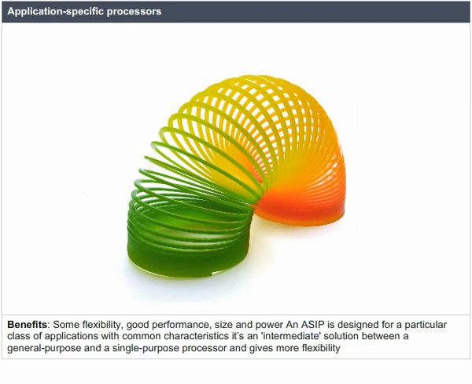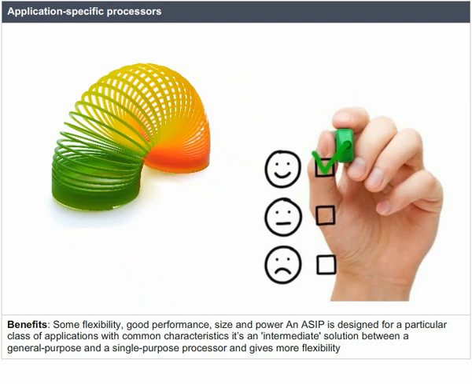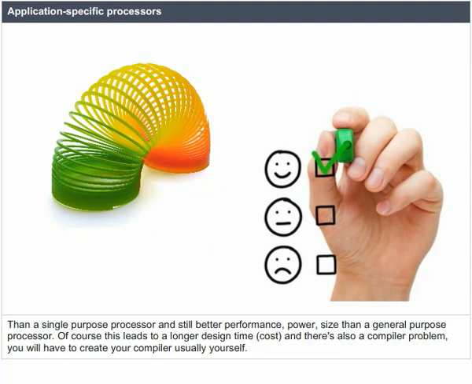Benefits: some flexibility, good performance, size and power. An ASIP is designed for a particular class of applications with common characteristics. It's an intermediate solution between a general purpose and a single purpose processor, giving more flexibility than a single purpose processor and still better performance, power, and size than a general purpose processor.